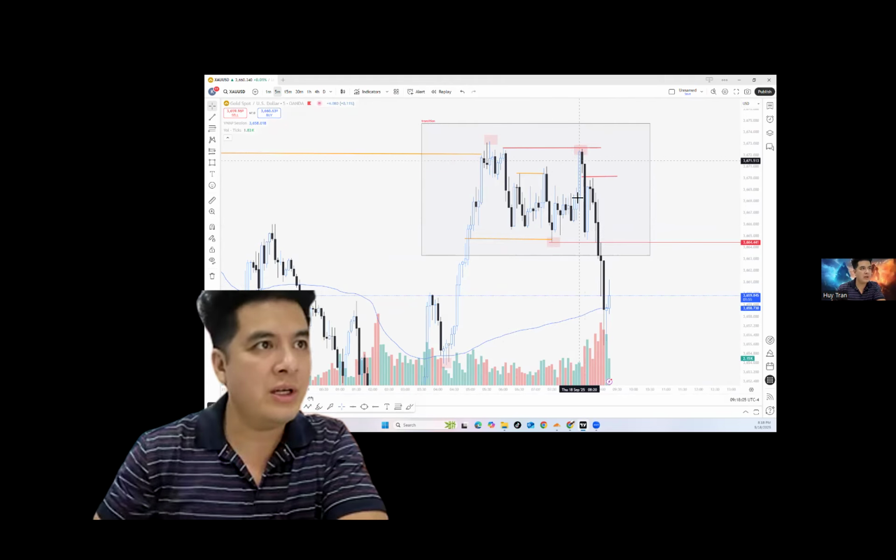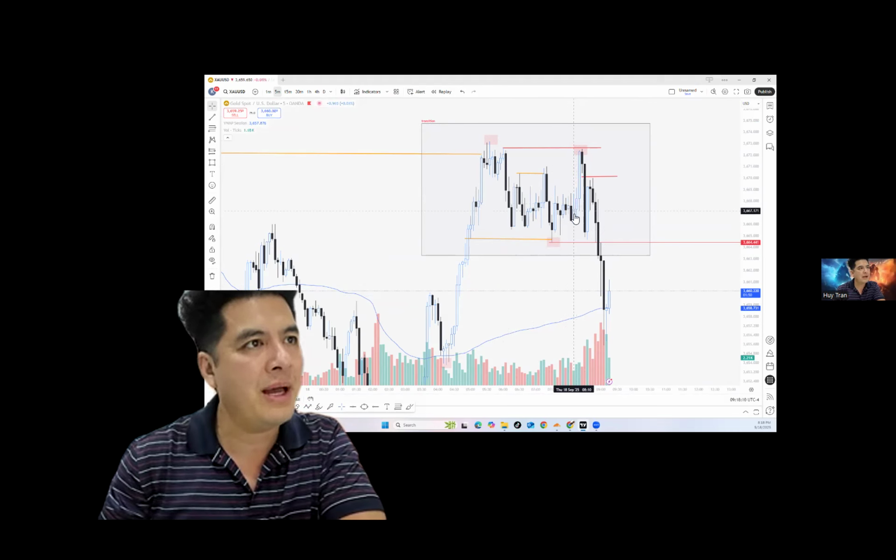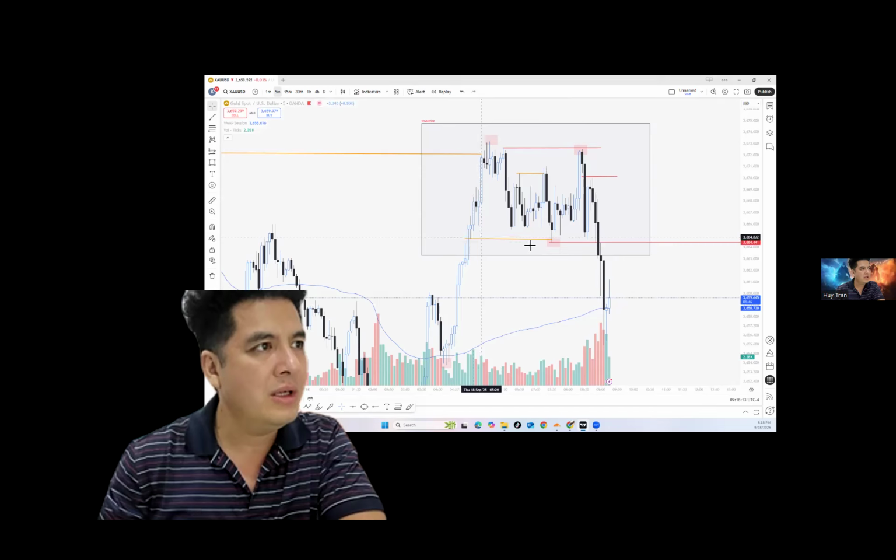Here, I also took another trade, which was really bad because, as price came down and took this out, it was choppy, like a 50-50 on whether it would go up or down.